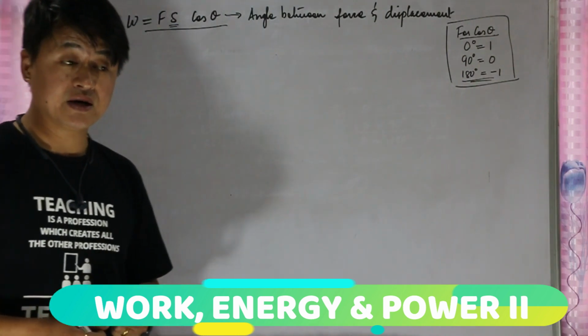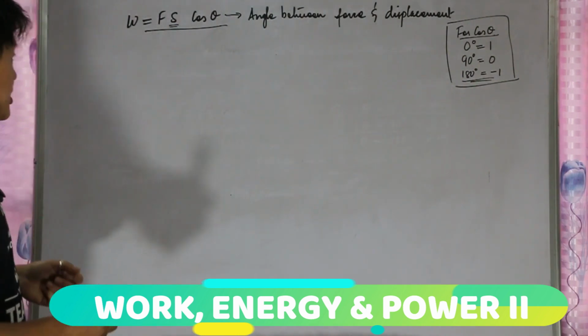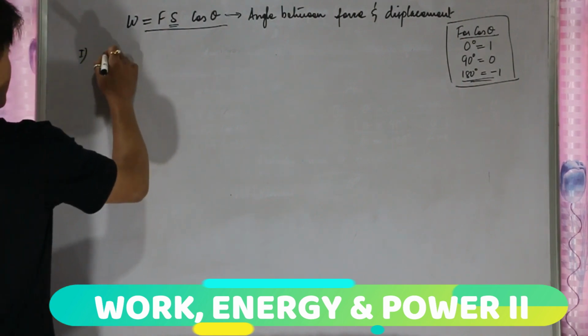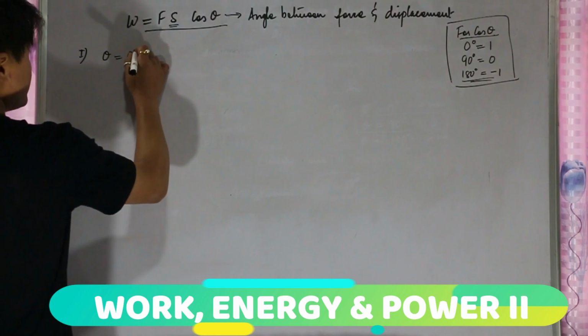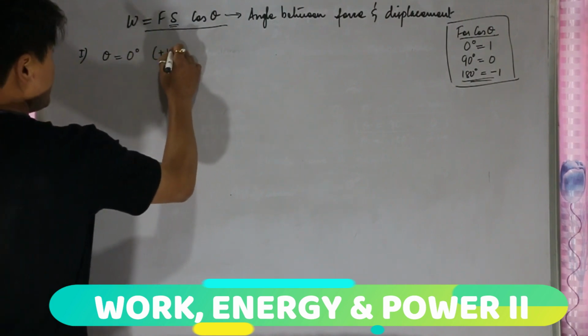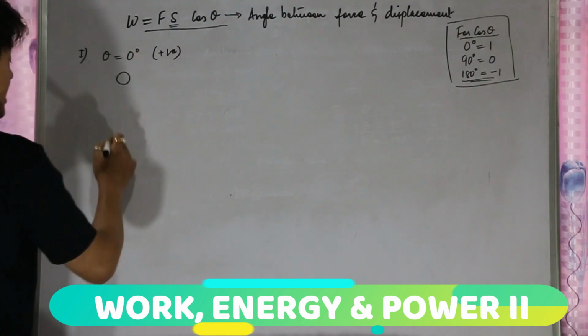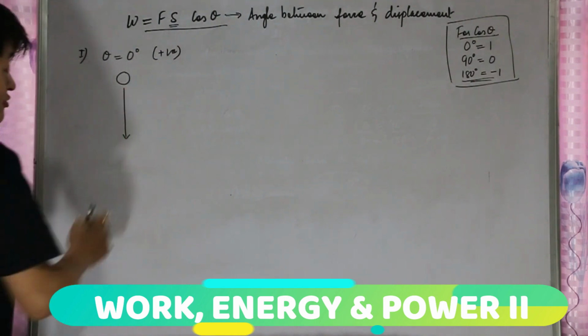Quickly we will see examples of all three cases. First case: when theta is 0 degrees, work done will be positive. Say you have a ball falling freely downwards.